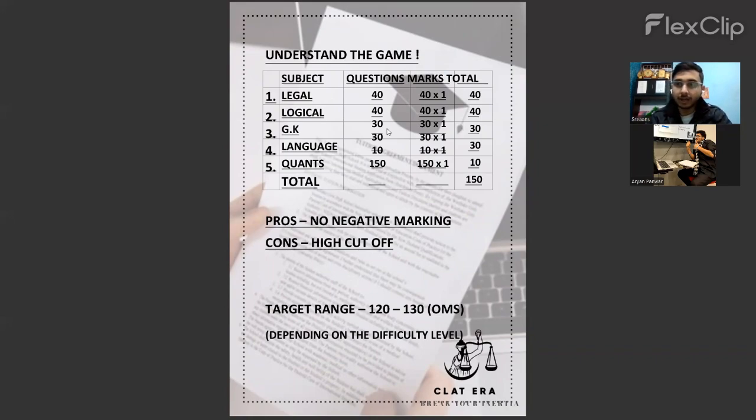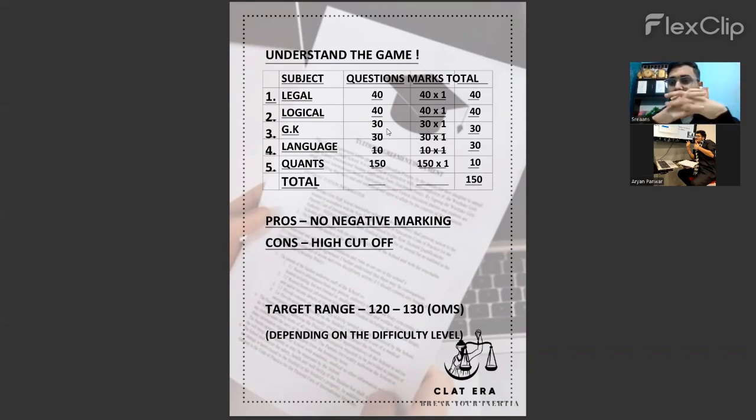The good thing about MSET is कि unlike CLAT and ALET, it does not have any kind of negative marking. So it is very obvious that we need to attempt all the questions, even if we are not sure, as there is no negative marking. And because of that only, the cutoff usually remains on the higher side for the general category outside Maharashtra students.